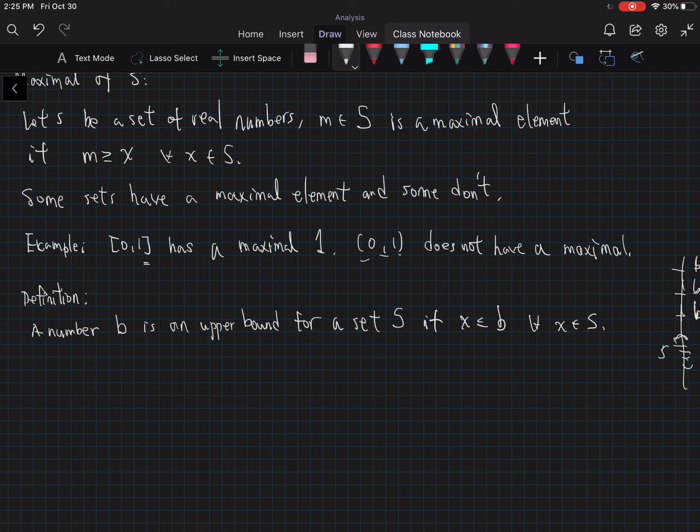However, we call B sub 0, B null, the least upper bound of S if, first of all, B null is an upper bound.